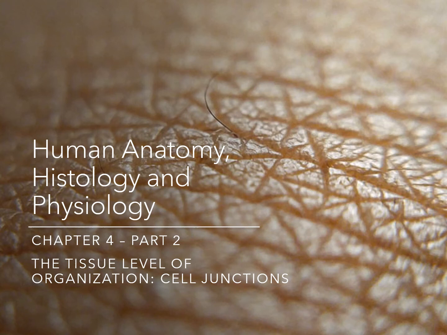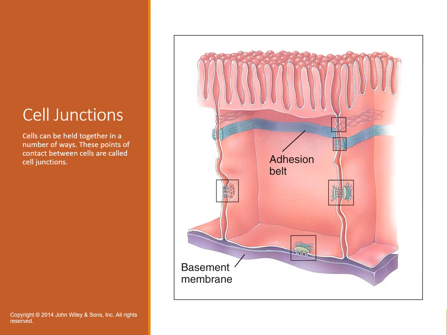In this video, we are going to look at cell junctions, or the connections that hold cells together to make up tissues. We did briefly talk about cell junctions before, but we're going to talk about 5 specific ways that cells can connect together.